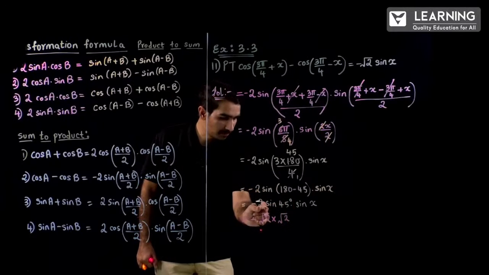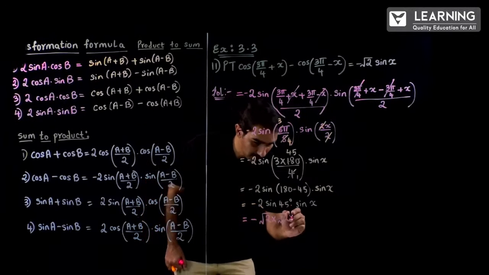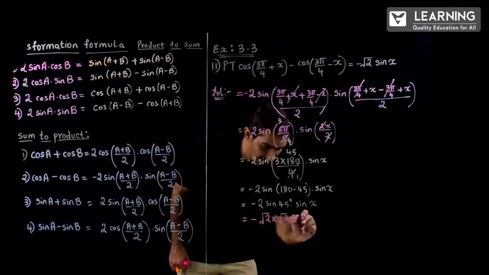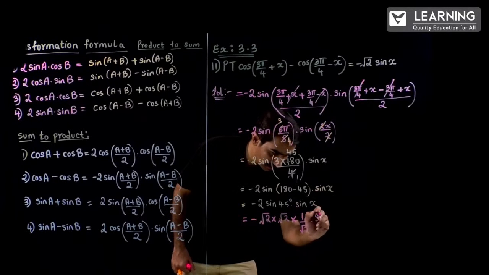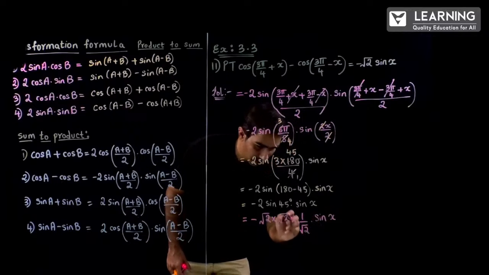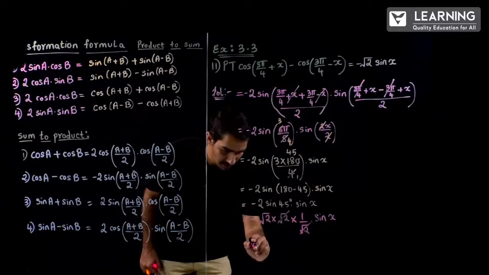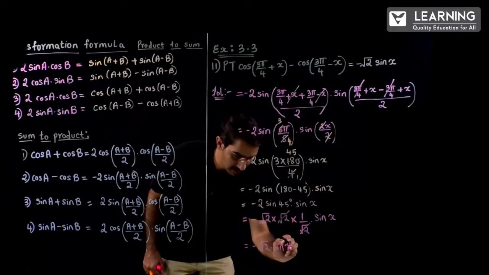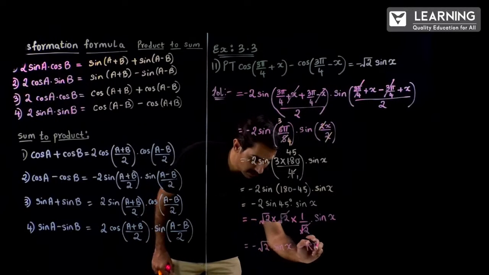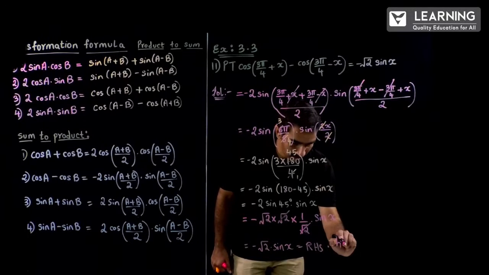Understand, instead of this 2, I have written root 2 into root 2 into, what is sine 45? 1 by root 2 into sin x as it is. What will happen? This root 2 and this root 2 will get cancelled. What is left out, students? Minus root 2 into sin x, which is equal to RHS. So therefore, hence proved.